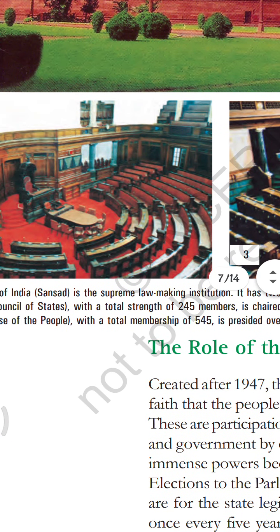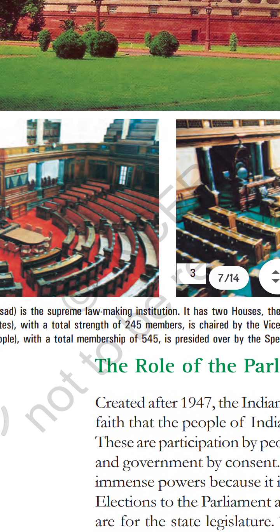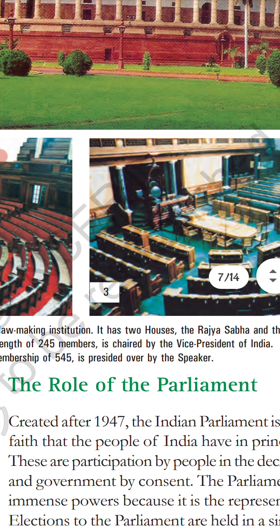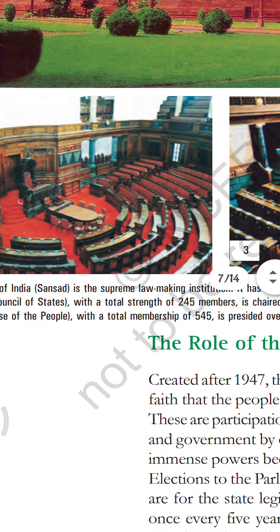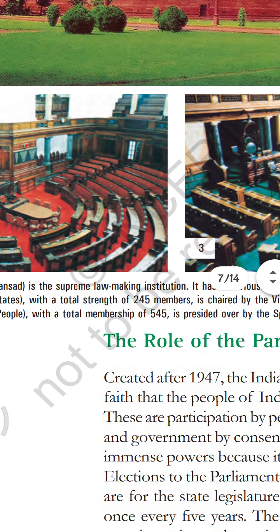Okay, then the next. See, Rajya Sabha, the total number of members in Rajya Sabha is 245 members, and it is chaired by Vice President of India. Then Lok Sabha, or the House of People, that is the lower house also.